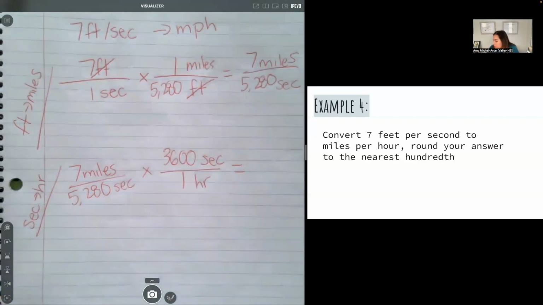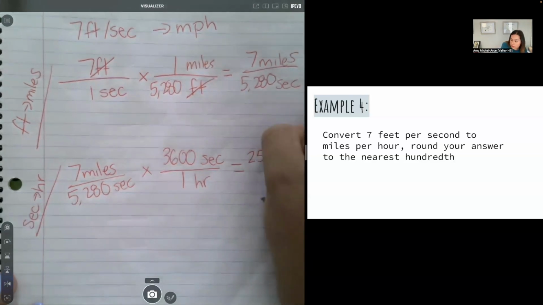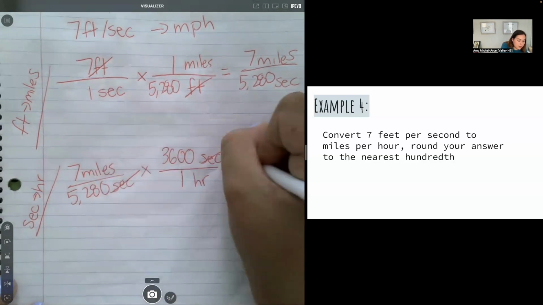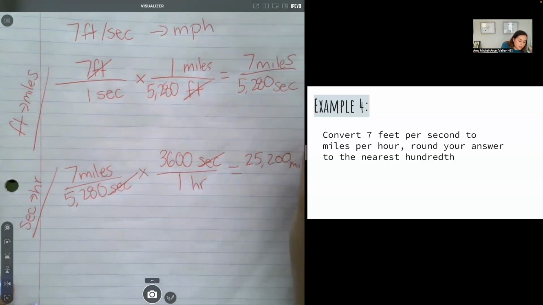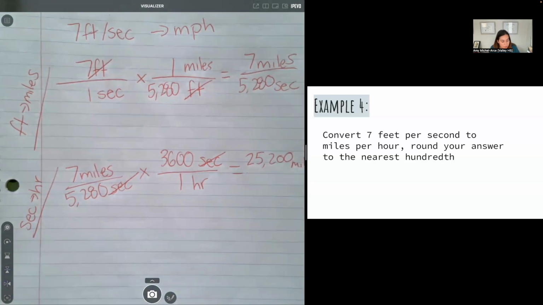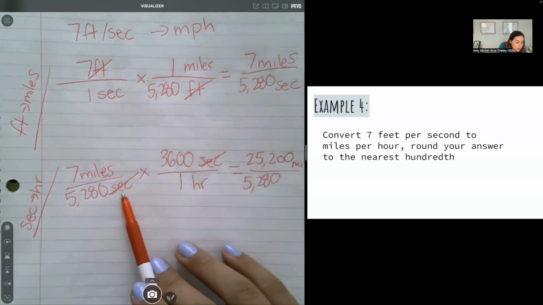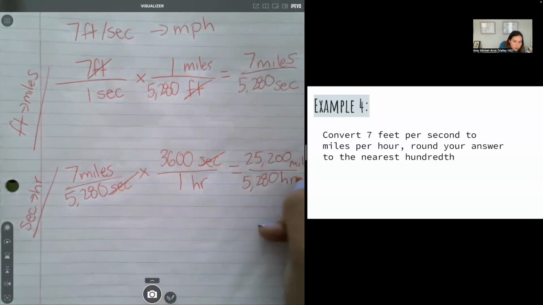That way we don't have to do it in 2 different steps. 3,600 times 7 gives us 25,200. And since our seconds cancel out, that means this is in miles. And 5,280 times 1 is 5,280. There are no units here, so the only units in the denominator are hours.